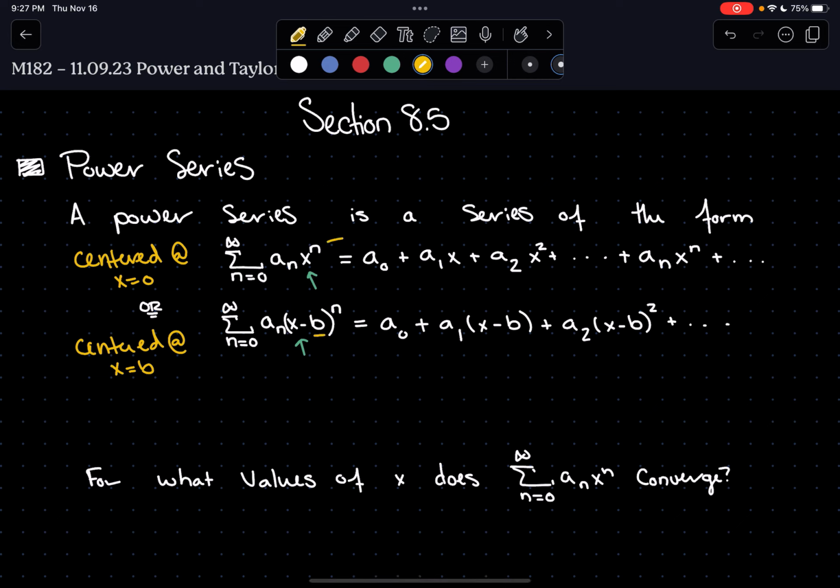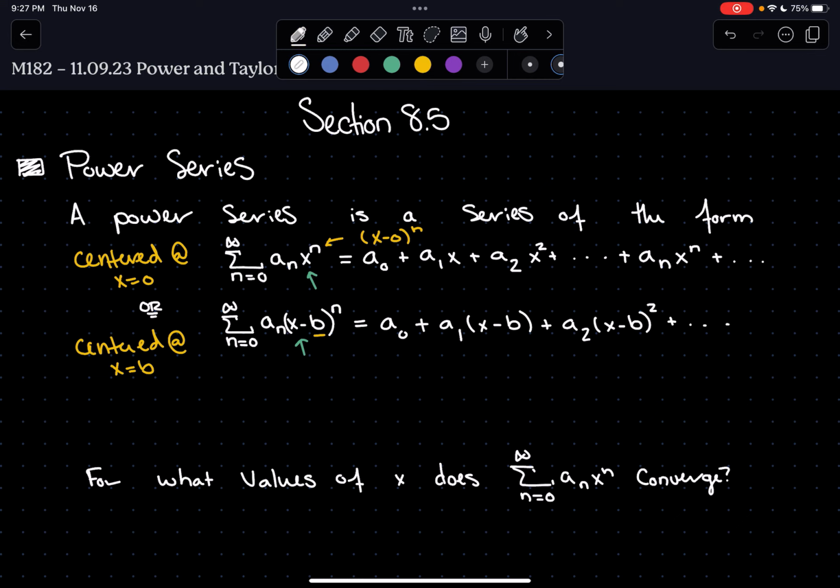You could think of this guy right here as x minus 0 to the n, so in that sense, it's centered at 0. Keep that in mind when you hear it. They might ask you for the power series of a function centered at a certain number, and you just have to keep that in mind there, right?